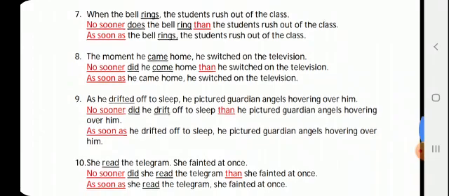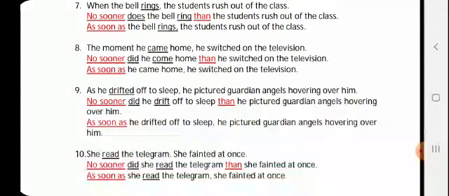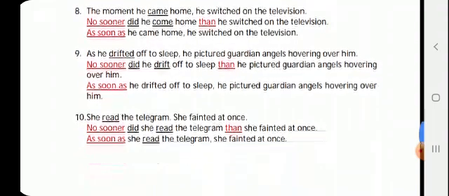Convert it into as soon as, we'll remove the auxiliary verb does, ring will become rings. So, as soon as the bell rings, comma, than is replaced with a comma, the students rush out of the class. The latter half will not change.